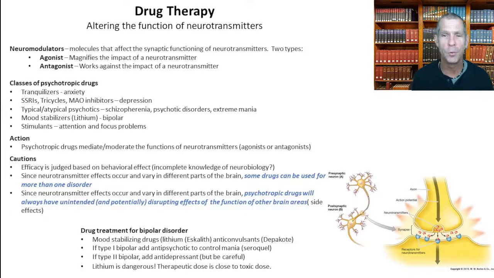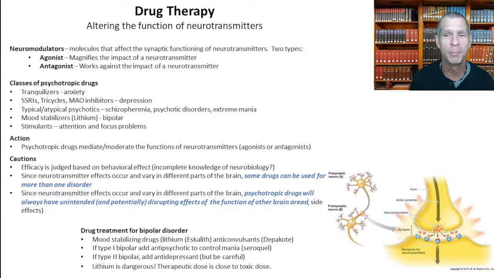And so we give people serotonin agonists to improve their mood, to fight people's depression.